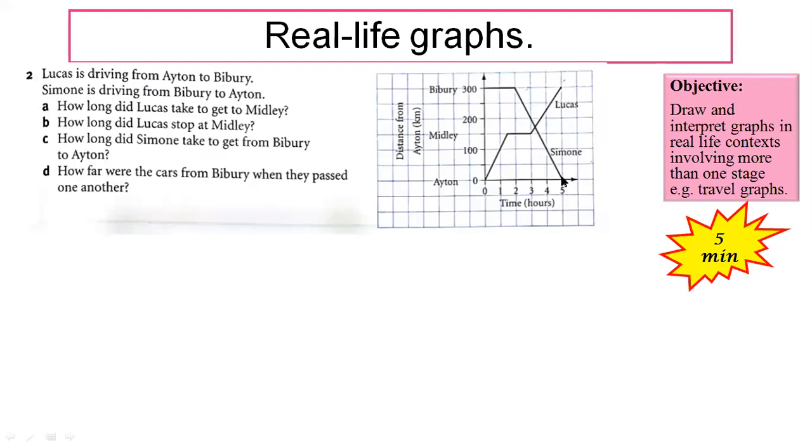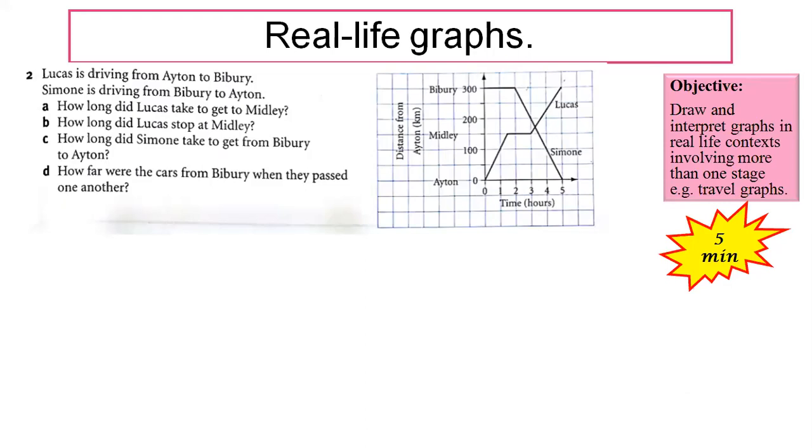But teacher, he is still resting in Bibury right now. Until it is time in 2 hours. Yes, he was resting for 2 hours. And about moving, he moved from here. After resting for 2 hours, he started driving. So the duration of driving is 2 hours to 5 hours, which is 3 hours.